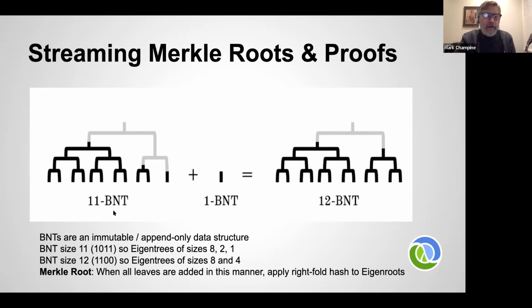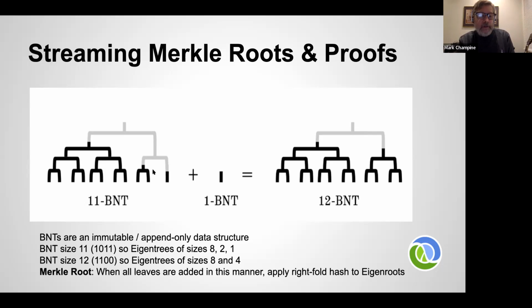So we see here, if you have 11, you have a bit pattern of 1 0 1 1, which is binary 11. If we add 1, we have 12. And now you can see that we get a very different set of eigenroots.